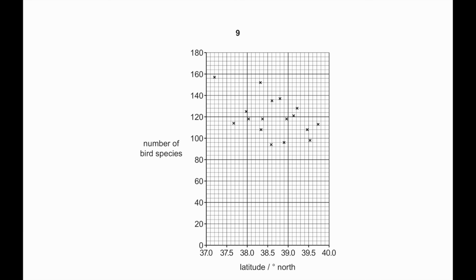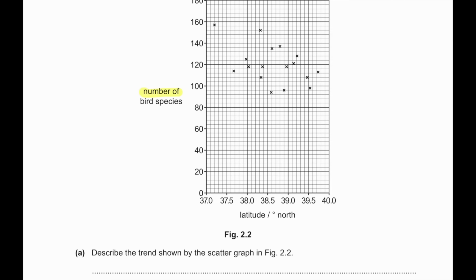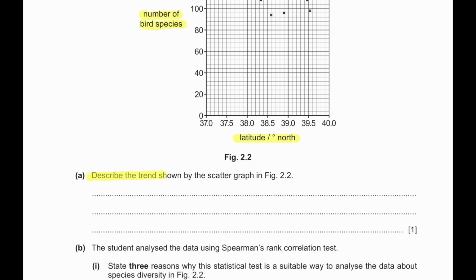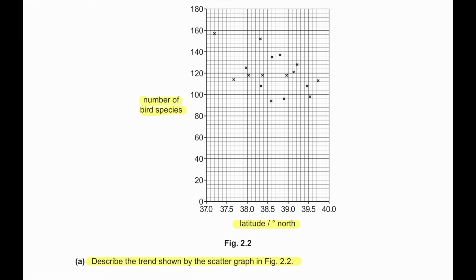Now, the number of species of birds and latitude. Describe the trend shown by the scatter graph in figure 2.2. In figure 2.2, when we look into this scatter graph, we see that there is no clear relationship. As the latitude increases, the bird species diversity almost remains the same.